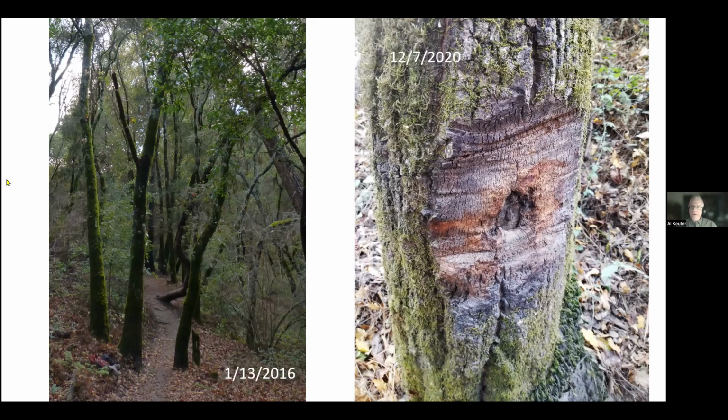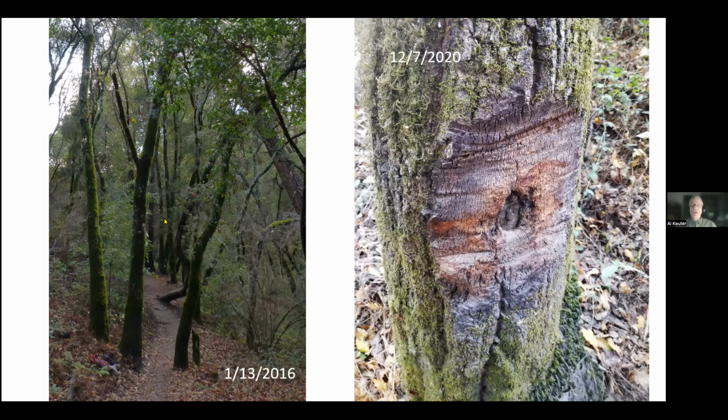But apparently that tree, this is January of 2016 on the left, got in the way of somebody's handlebars on their mountain bike. And so they needed to attack it with some kind of a blade. And so by December 7th, 2020, this tree had been pretty savaged over here in this area. To this day, it's okay.